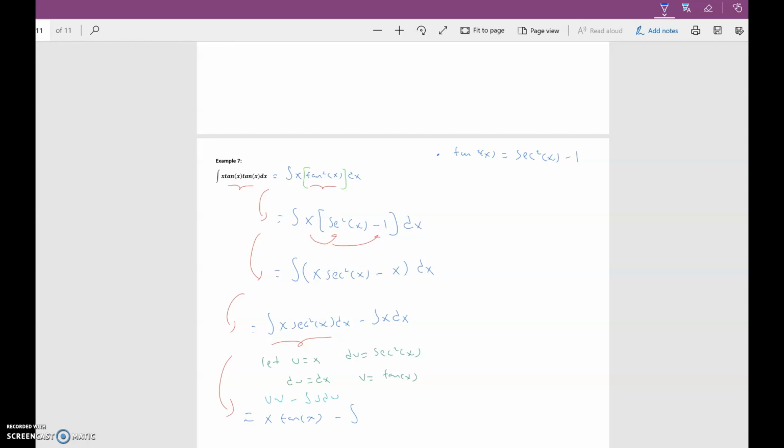Give me just a second. So uv minus the integral of v du. So this would be tangent x dx. Okay, no problems. So we do have an x tangent x, and we're still going to have to evaluate this integral. And then don't forget about the integral of x dx, which comes from here.